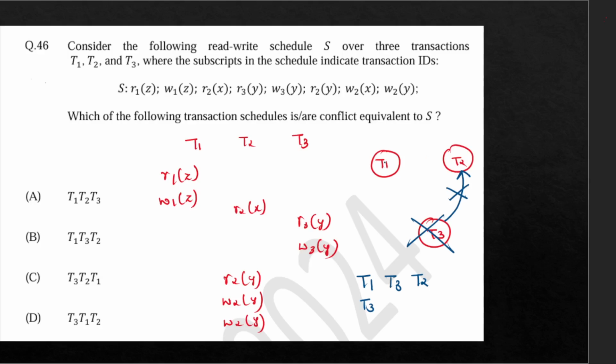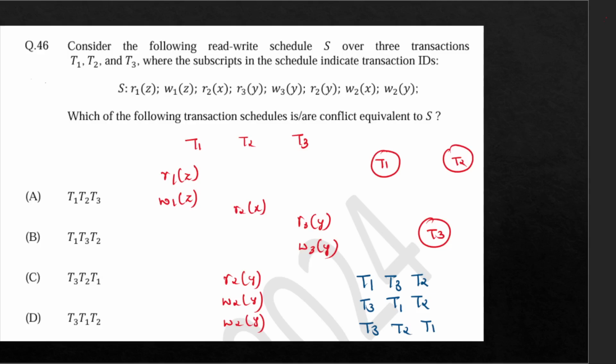So either it can be T1 or it can be T2. Let's first take T1, after that I can take T2. Similarly, I can start with T2 also, or I can start with T1 also. So these are the possible conflict equivalent schedules to S.